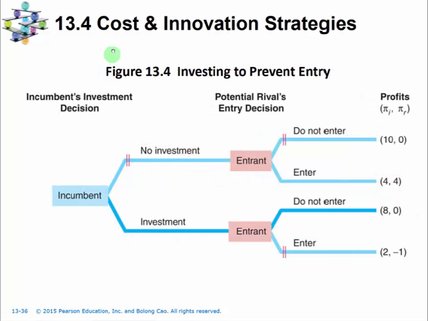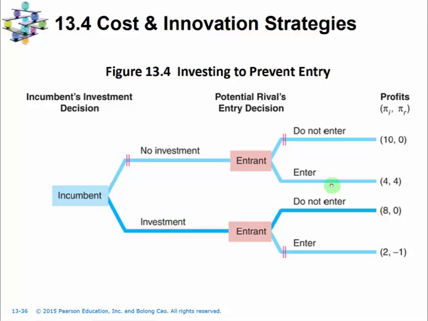Now let's look at the use of cost and innovation strategies to deter entry. Here we have an incumbent which is a monopoly, and this incumbent can invest in robots on the assembly line to lower its marginal cost. But the robots are very expensive and the saving on the marginal cost can be limited.